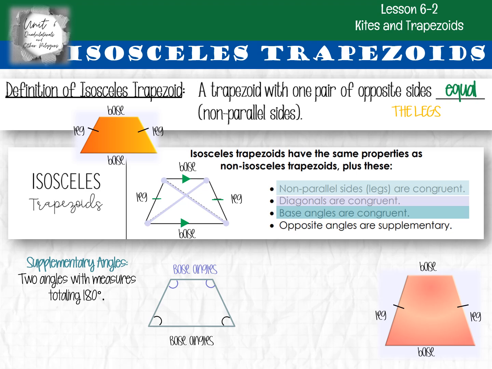So I have them marked, the bottom ones with black and the top ones with purple. Let's see, opposite angles are supplementary. So there's another property. We already know consecutive interior angles between the two bases are going to be supplementary, but now opposite angles like A and B are going to equal 180 degrees.